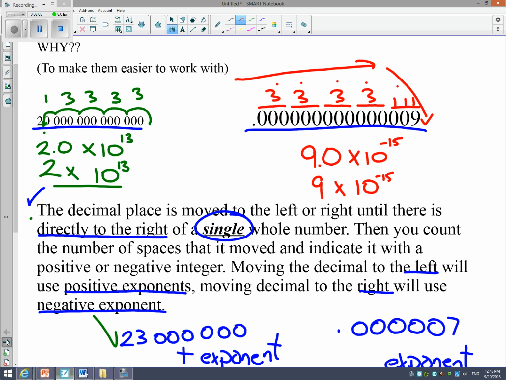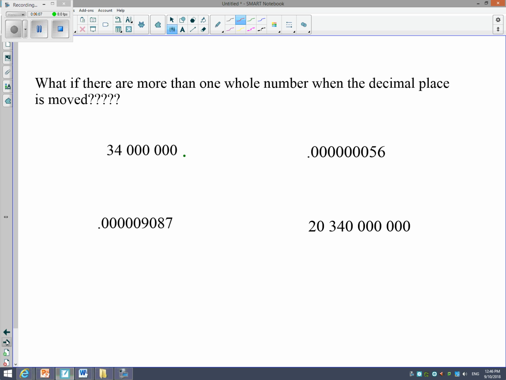So what we're going to do now is take a look at this next situation, which is still very, very similar. But in this case, we don't just have a 3, we have a 34. And what I asked you to do is ponder what we're going to do with that. And most people say, oh yeah, we're still going to move the decimal, but they had to decide where it would be. They had to make a decision whether it's going to be 34 or 3.4, because those are not the same numbers.